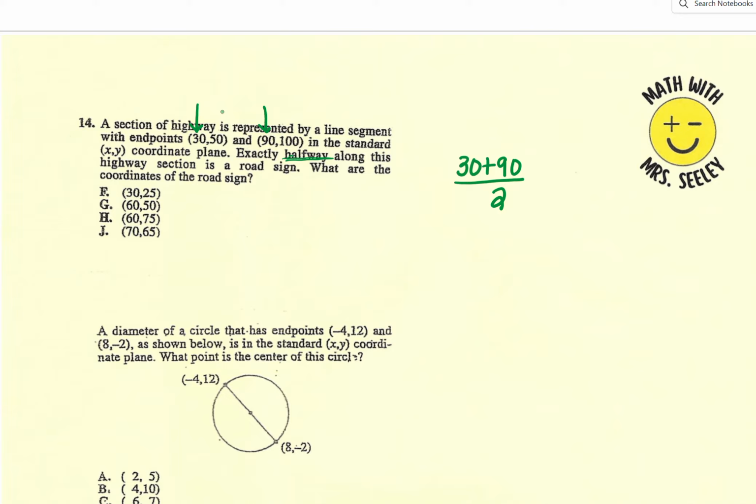Then I'm going to take the two y's, 50 plus 100, and I'll divide that by 2. So this is 120 divided by 2, which is going to be 60. So I'm going to have to work this one out the rest of the way. 50 plus 100 is 150 divided by 2, which is 75. And my answer is H.